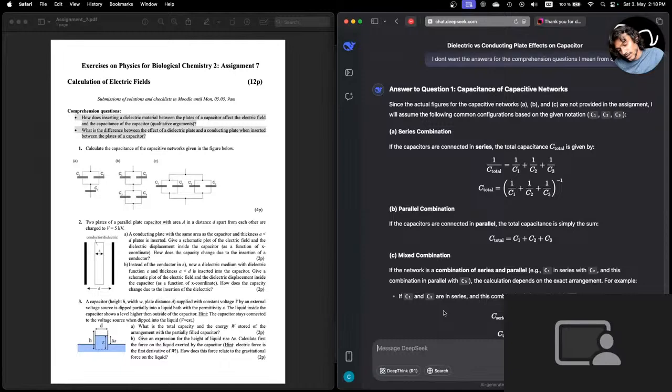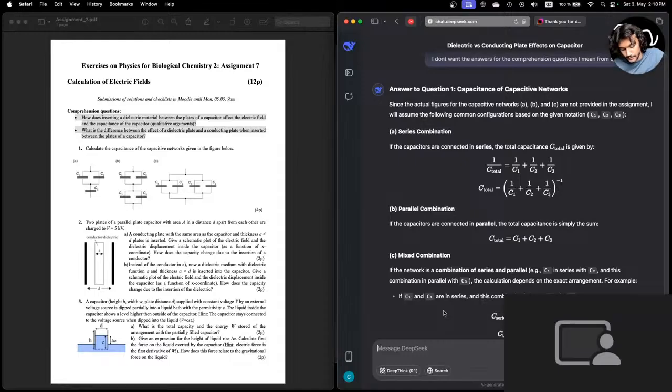So C1 and C2 are in parallel, and C1, 2 and C3 are in series.